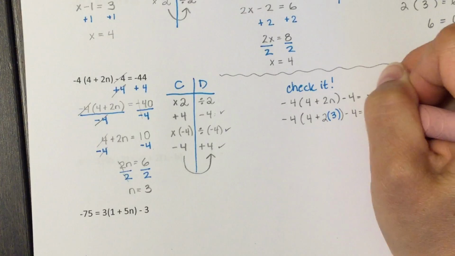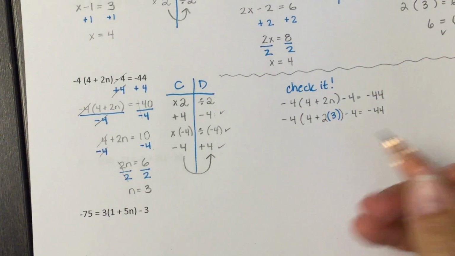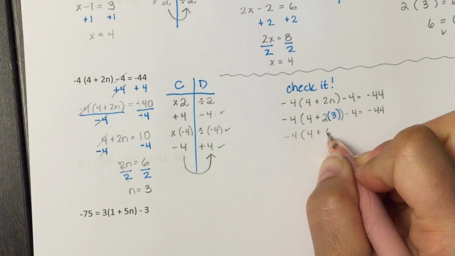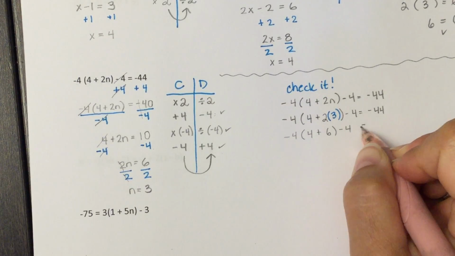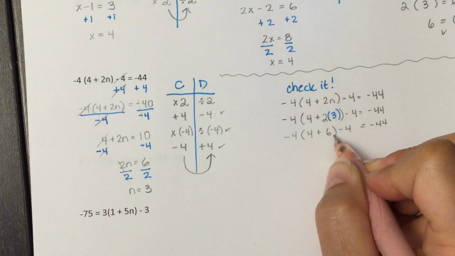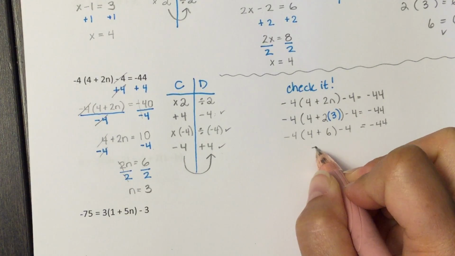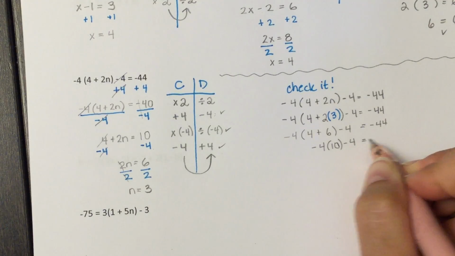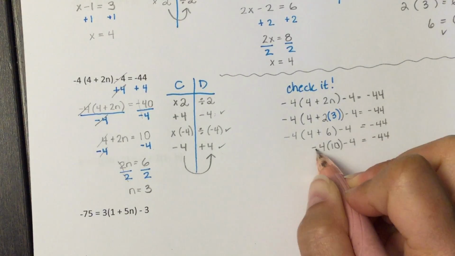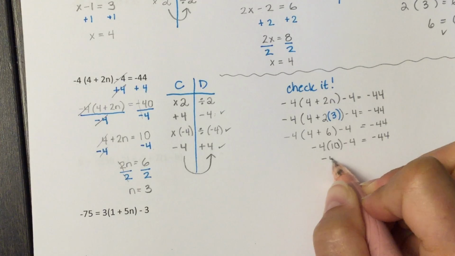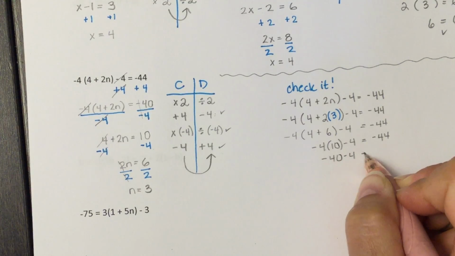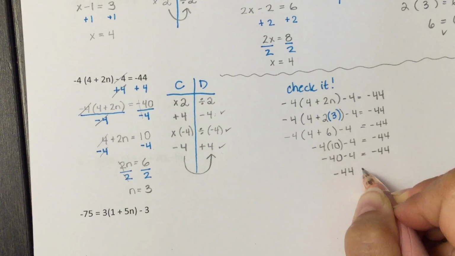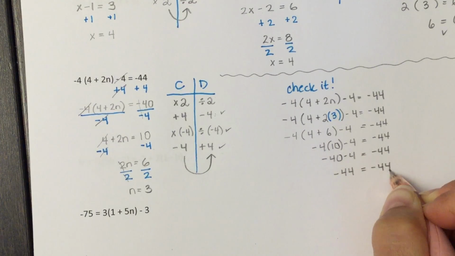So now I get minus 4 times 4 plus 6 minus 4 equals negative 44. Inside the bracket, that's 10. So minus 4 times 10 minus 4. Minus 4 times 10 would be minus 40, minus 4.